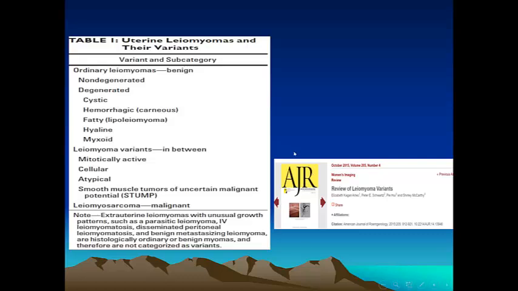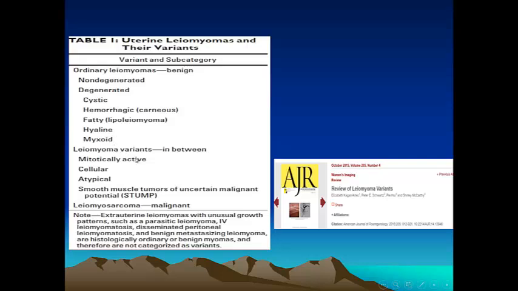But not all leiomyomas are typical, as I just said. So we have to be oriented that we have many different appearances of leiomyomas on MRI. Ordinary leiomyomas are benign, that is non-degenerated, but sometimes they are degenerated with cystic degeneration, hemorrhagic degeneration, fatty lipoleiomyoma, hyaline degeneration, myxoid degeneration.